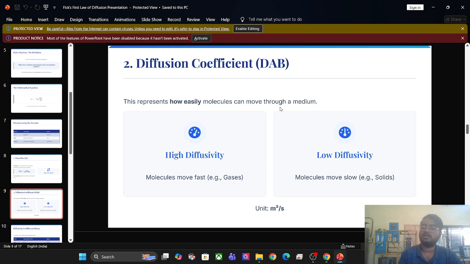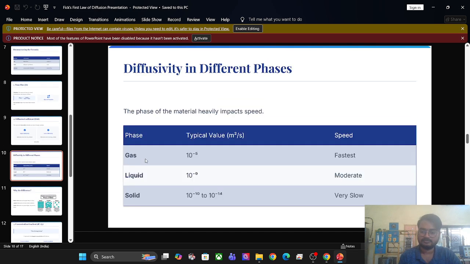In gases, like the perfume I mentioned earlier; and in liquids, like if I mix some sugar in a glass of water.